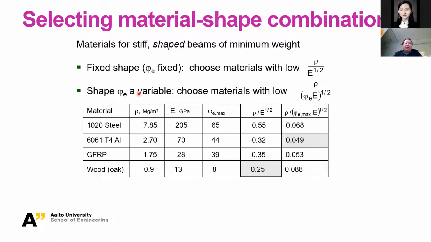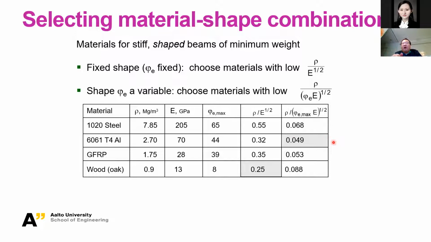But if we consider the shape factor, now you could see for the wood, we have a very low shape factor, which is 8. That is usually connected to the manufacturing process, as you know. With that considered, if you just look at the second term, now we found out aluminum gives much better overall property.